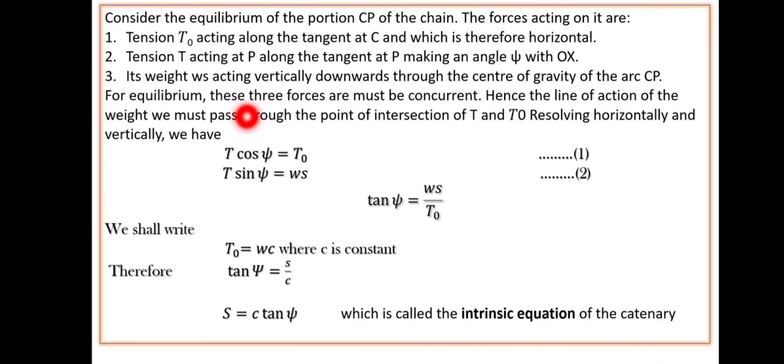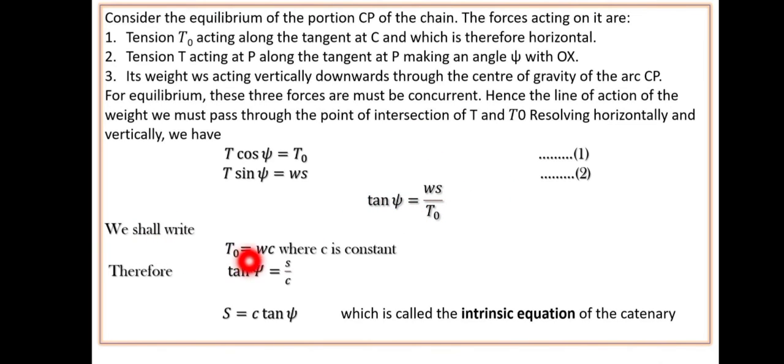For equilibrium, these three forces must be concurrent. Hence, the line of action of the weight must pass through the point of intersection of T and T0. Now resolving horizontally and vertically, we have T cos xi equals T0 and T sin xi equals WS, which gives us tan xi equals WS upon T0.